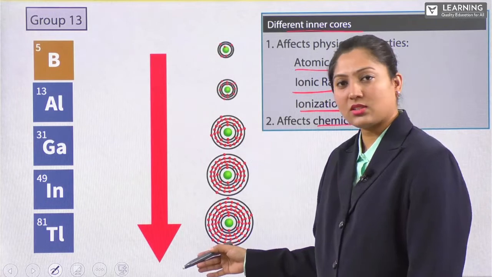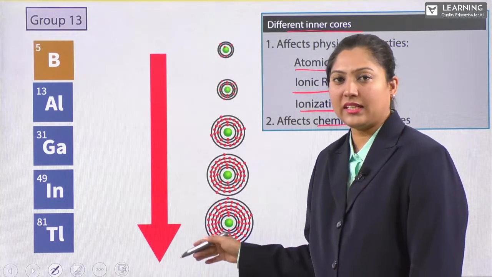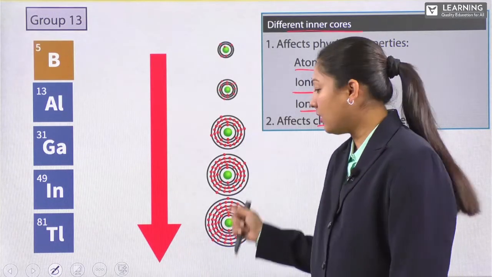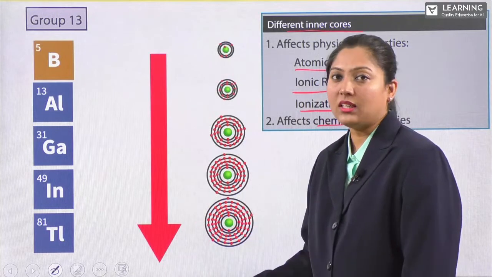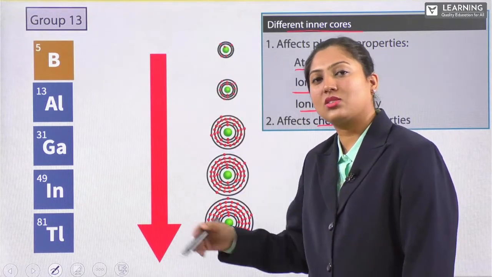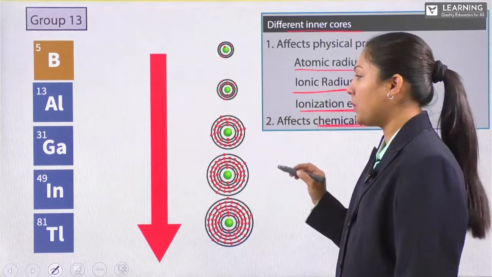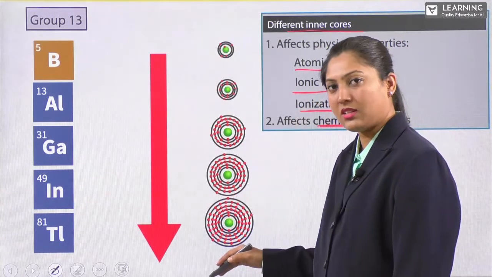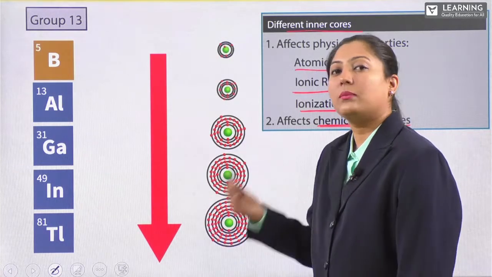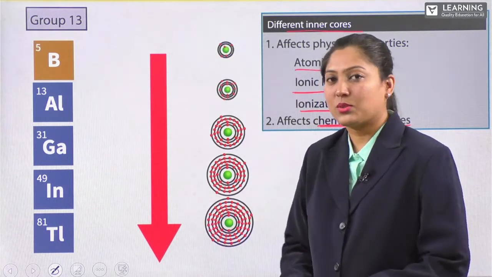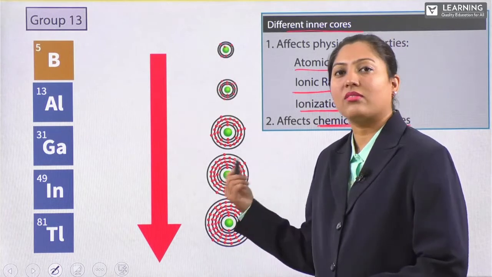Down the group, what happens to ionization energy? We have studied this in the s block, right? Here they can easily lose the electrons, so ionization energy decreases down the group. And some of the chemical properties, based on this ionization enthalpy, will decide the reaction. So some will react soon, some will not.